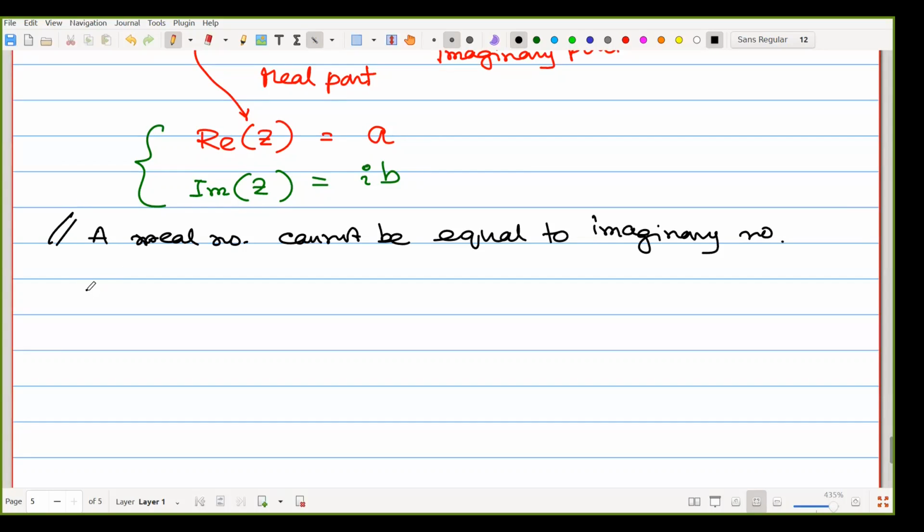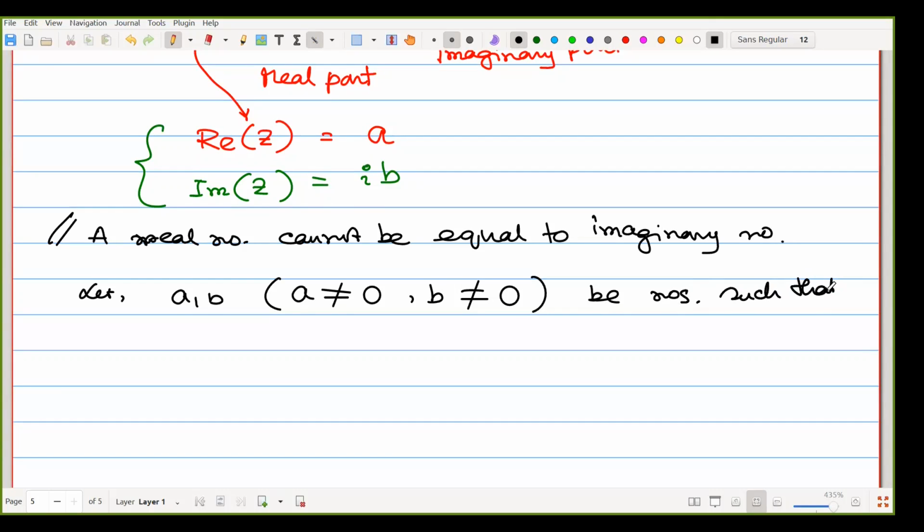Let A, B, where A is not equal to 0, B is not equal to 0, be numbers such that A is equal to IB. Here look, A is the real part, IB is the imaginary part. But we are here to prove a real number cannot be equal to an imaginary number. So we are here thinking that the real number A is now the imaginary number IB.